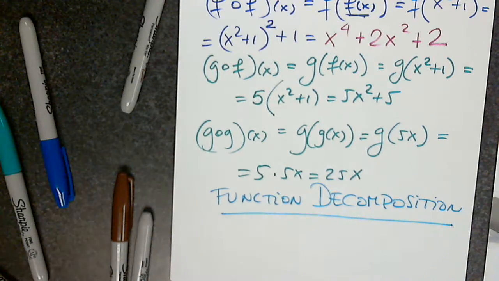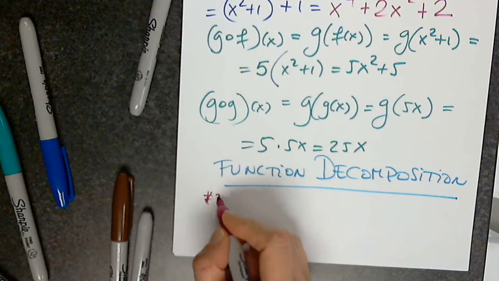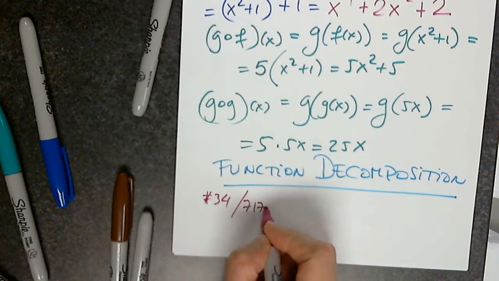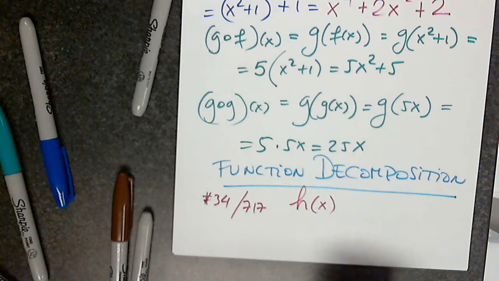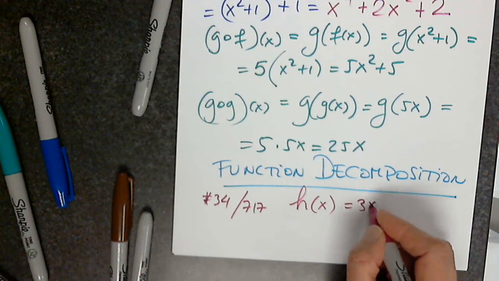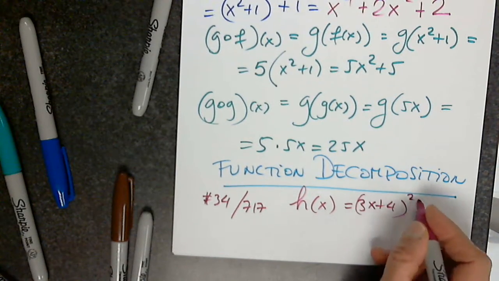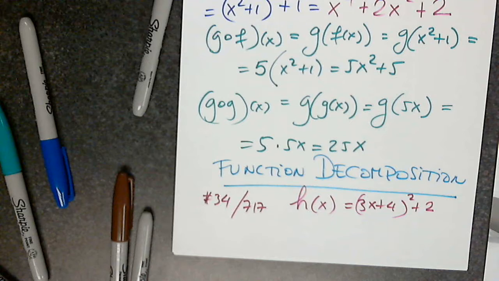Okay, so let's say I'm looking at problem 34. On page 717, I'm given a function denoted by h of x equals 3x plus 4 squared plus 2. Yes, you can say this is a sum of two functions. I will have to agree, but it's also the function composition of two functions or more.